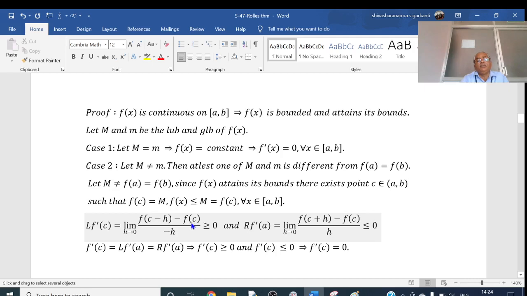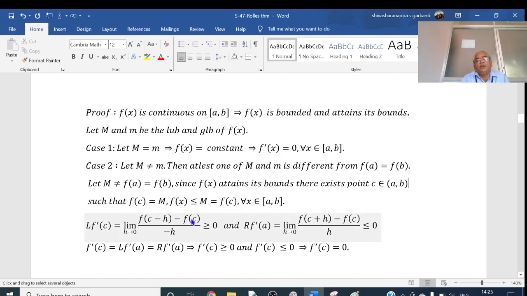We have f of c equal to capital M, and this is the maximum value here. And f of c minus h may be equal to capital M or may be less than capital M, because c is the point where f of c equals M, and for all remaining points, f of x is less than or equal to M. So this is equal to M, this is less than or equal to M.